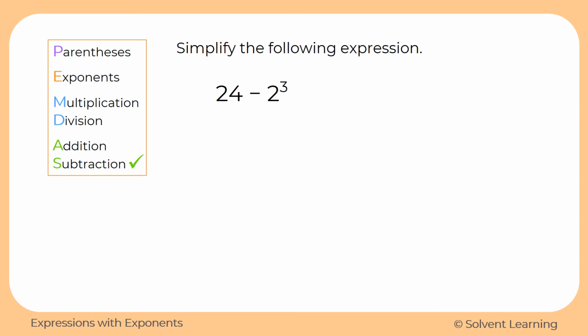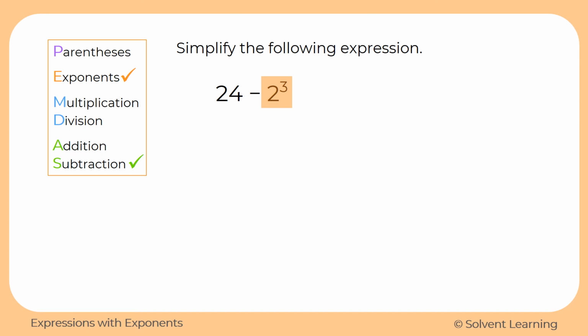And we have a number that's placed as an exponent. If we look at our order of operations, exponents are simplified before subtraction. So the first thing that we're going to do is simplify the 2 raised to the 3. That subtraction sign and the 24 don't have anything to do with this step yet.